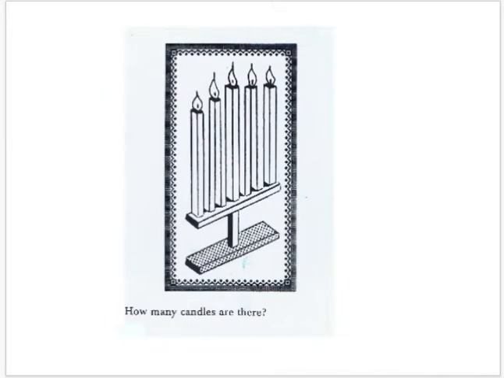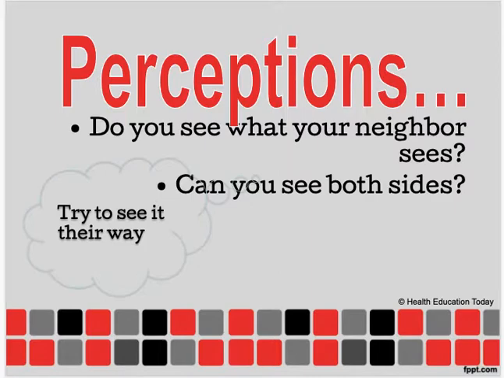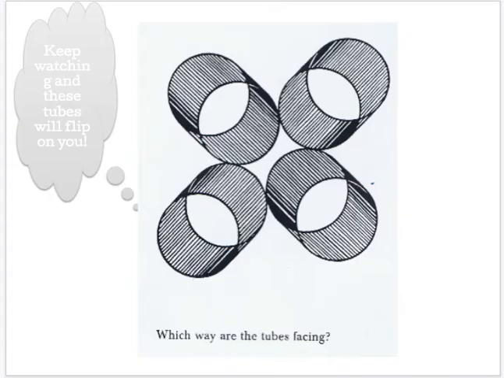How many candles are there? Try to see it their way as well. Keep watching and these tubes will flip over on you. Which way are the tubes facing? If you got that one to work, let me know, because I just had a hard time seeing it.